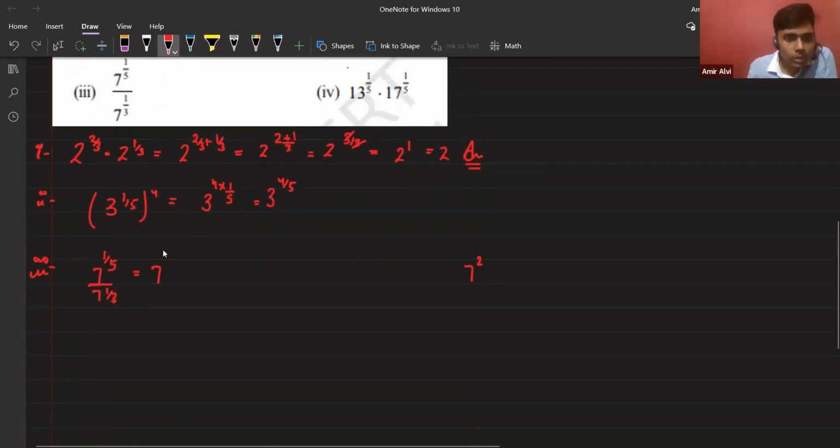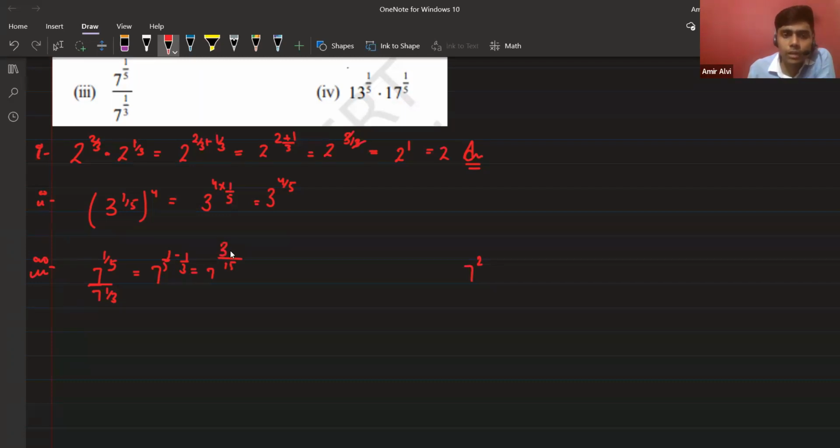So 1 by 5 minus 1 by 3. Your numbers are different, so you will take the LCM. 15 will be the LCM of these two numbers. If you divide 15 by 5, you will get 3, and 3 will get multiplied with the numerator.